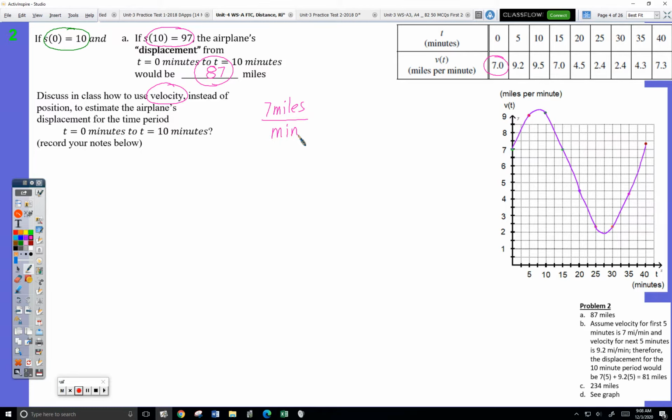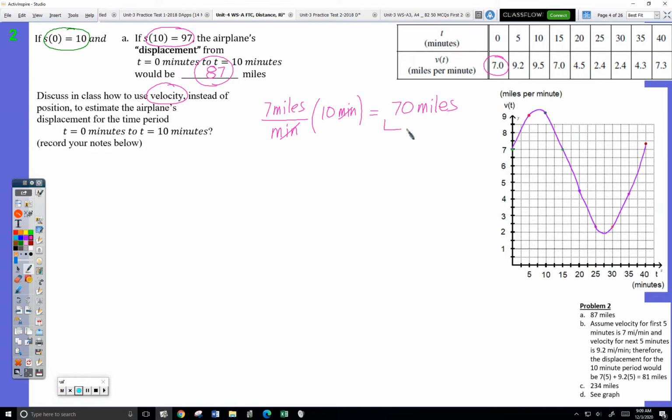And so if I'm looking at a 10-minute duration, the math is extremely simple. I just need that to happen over 10 minutes. So the minutes divide out, and I've computed that wherever the plane was, it should now be 70 miles to the right of where it began. So I have calculated displacement.